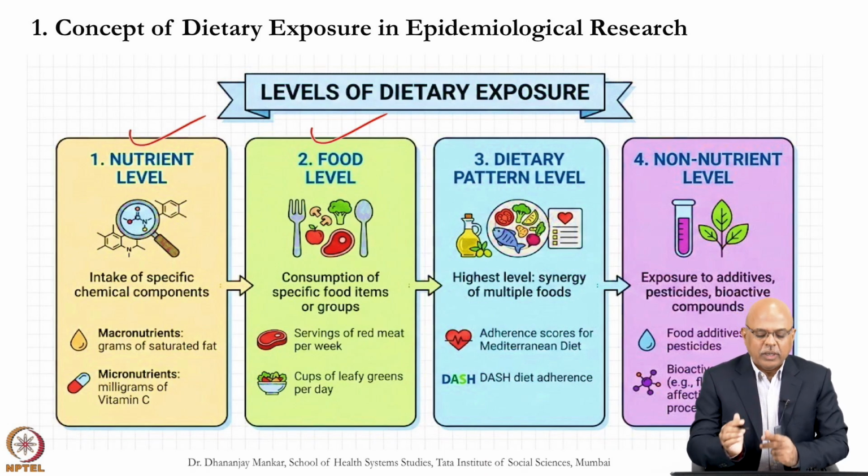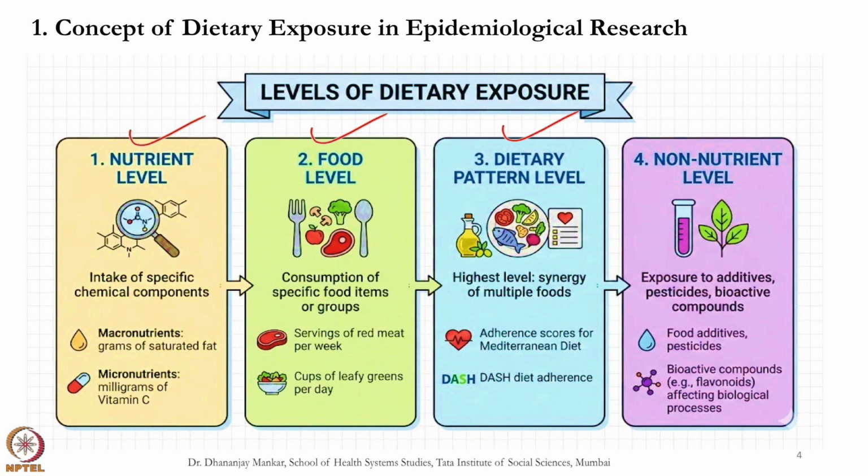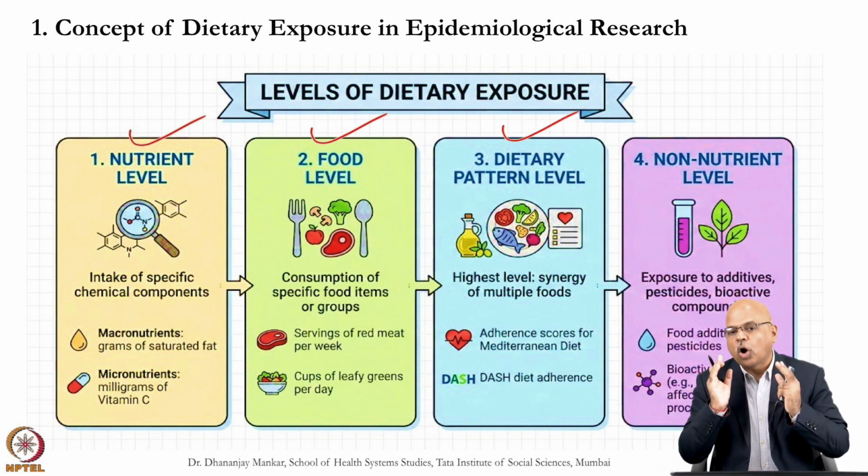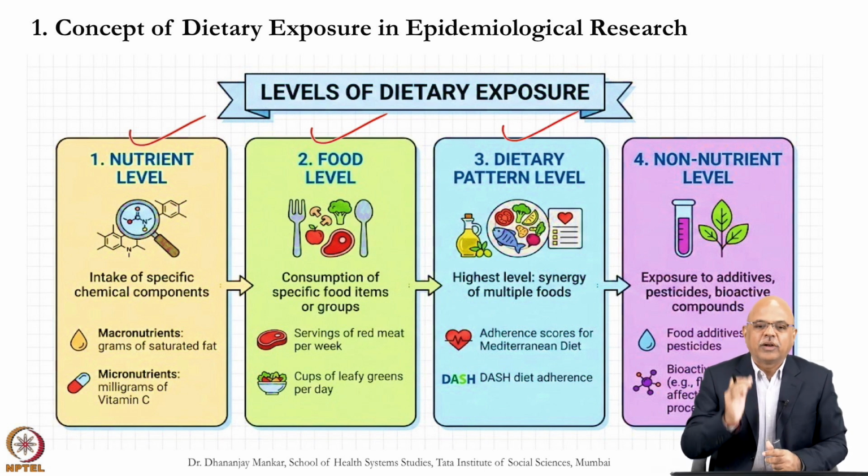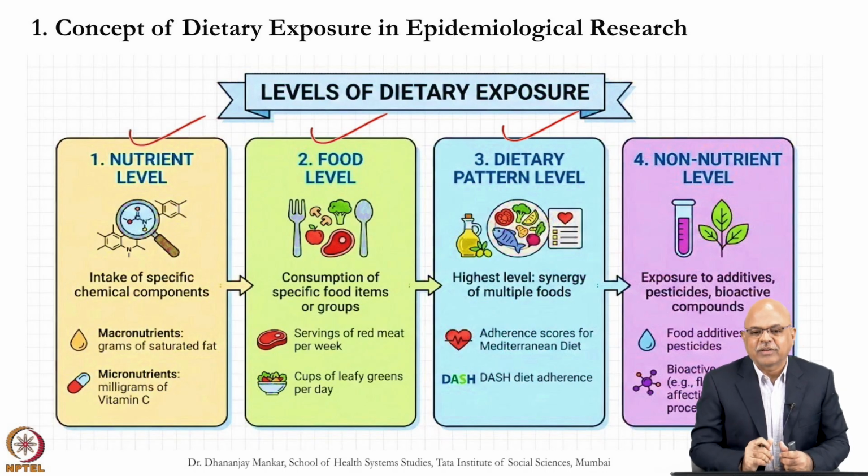The third level is the dietary pattern level, that is, the highest level, the synergy of multiple foods, such as the adherence score for the Mediterranean diet or DASH diet adherence.